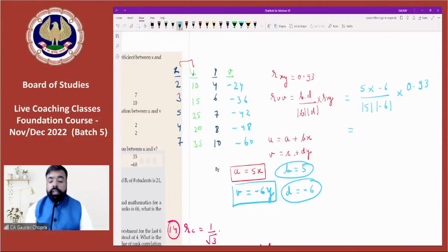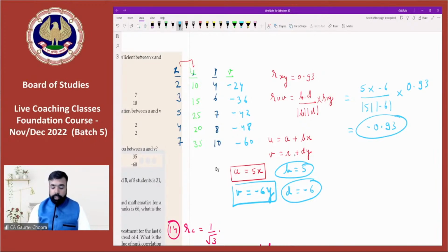Now we can see we have one negative sign and one positive sign. Whenever signs are different, we get a result with a different sign. So the answer will be -0.93.